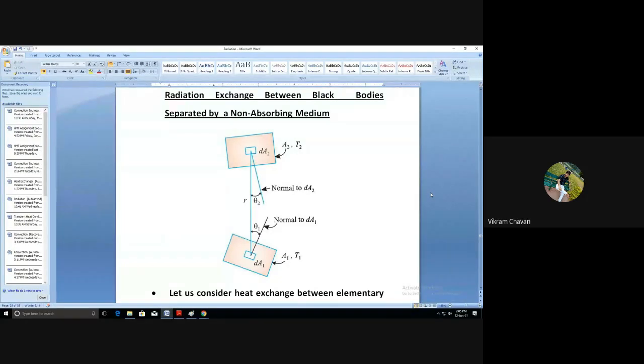In the cosine rule, we discussed that if the emissive power of a surface in a normal direction is E suffix n, then the emissive power in an angular direction is given as E theta equal to E suffix n multiplied by cos theta. That is the emissive power in an angular direction, in case of diffused radiation.